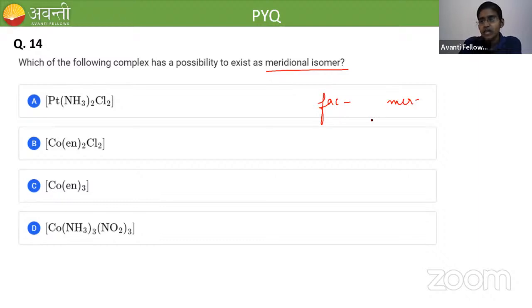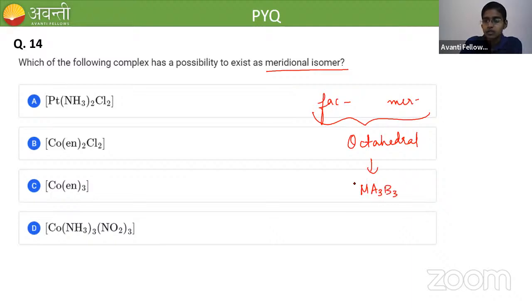So these two isomers exist in octahedral complexes which have the A3B3 type. They exist in the octahedral system which has the A3B3 type. Right? So you can see in option A it is A2B2 type.